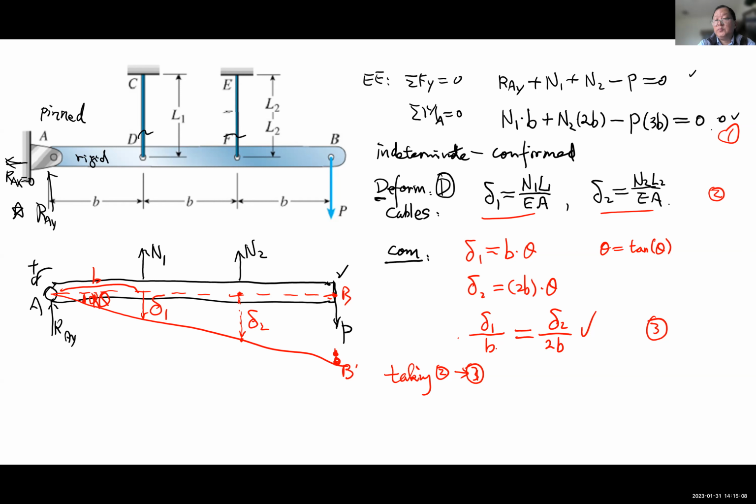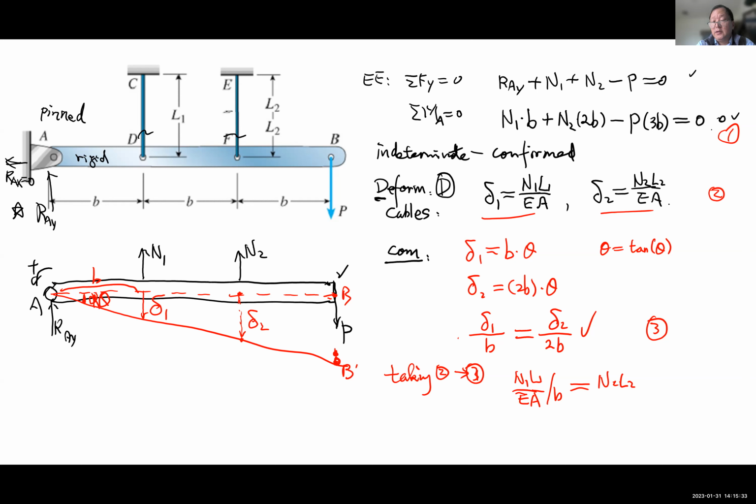So delta 1 over b, where delta 1 is N1 L1 over EA, divided by b, equals delta 2, which is N2 L2 over EA, divided by 2b. I think it's L1 and L2 actually, but it's the same, so let's just use it there.